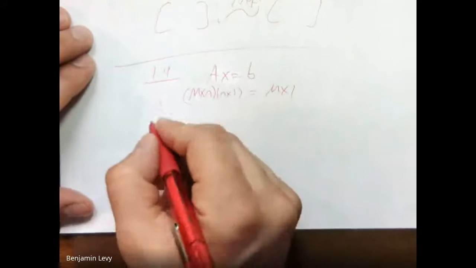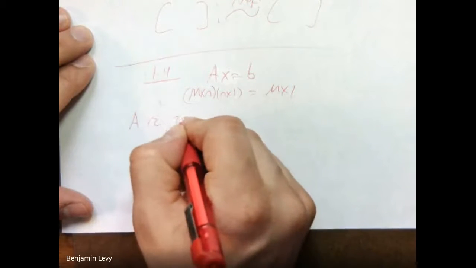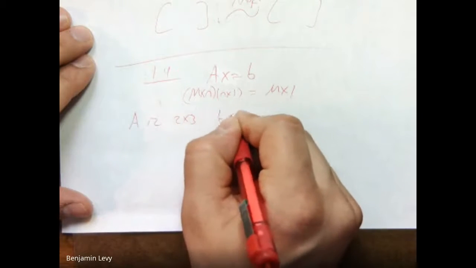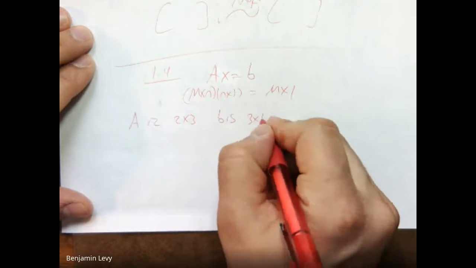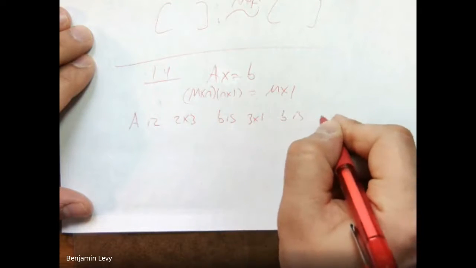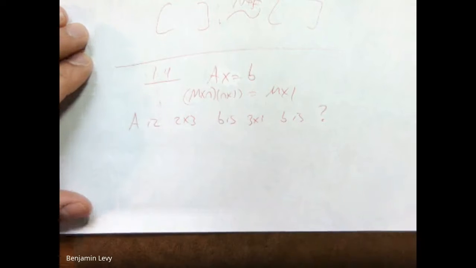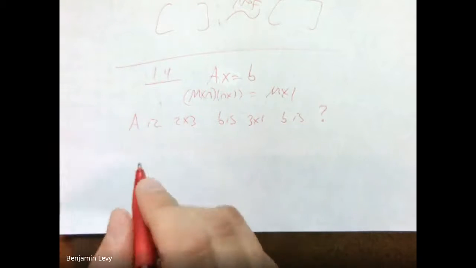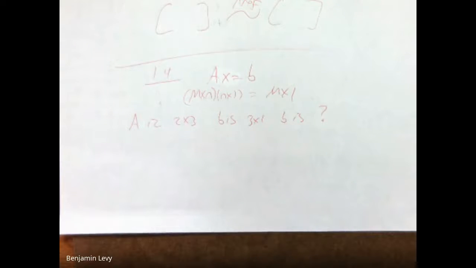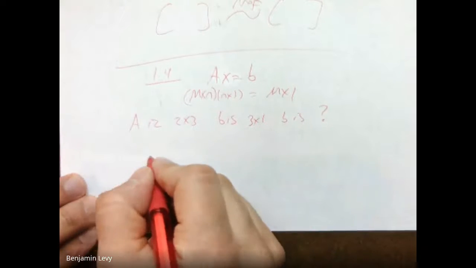So we'll still have to do that, but not in the same section. 1.4 would be things like A is 2 by 3, B is 3 by 1, how big is the result?